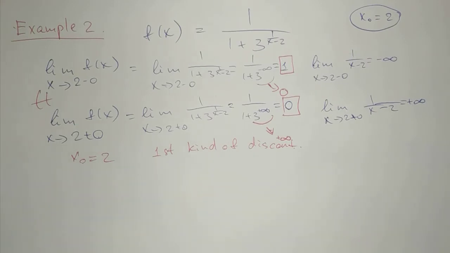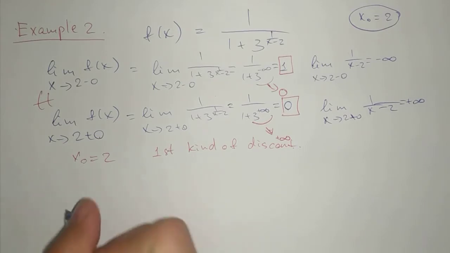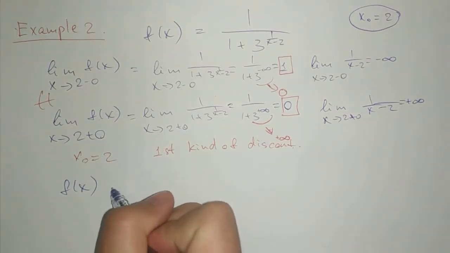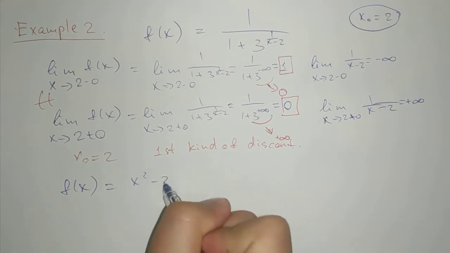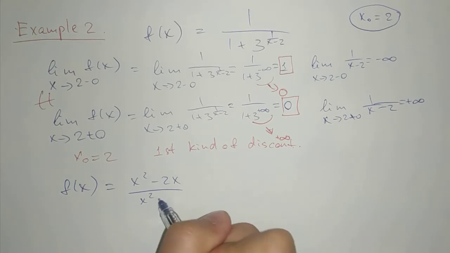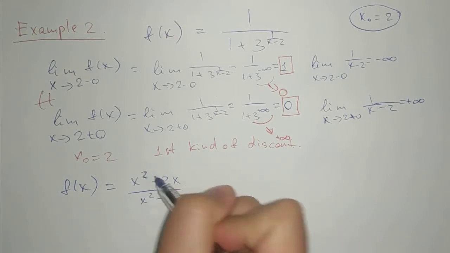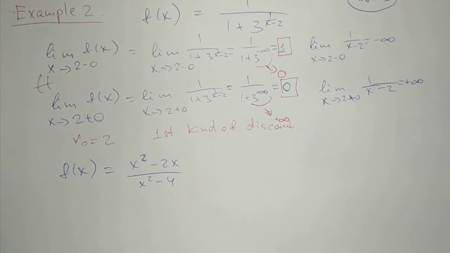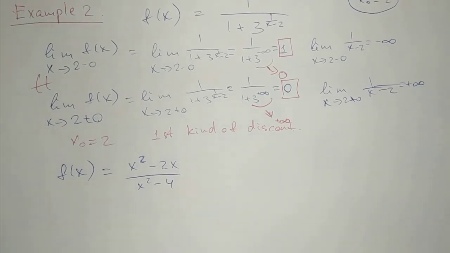Now let's consider the next function. f(x) = (x squared minus 2x) over (x squared minus 4). Again, find the points of discontinuity and determine their kind.